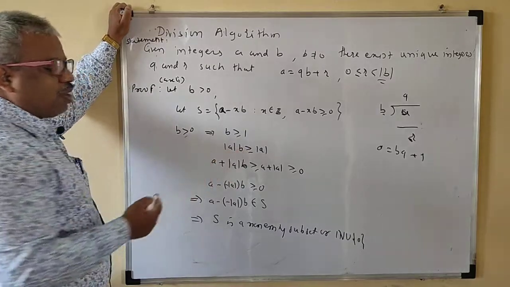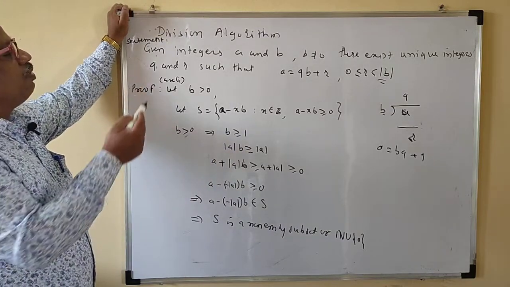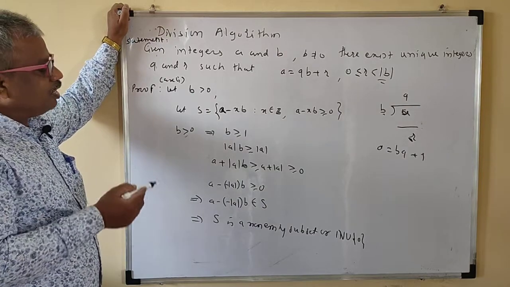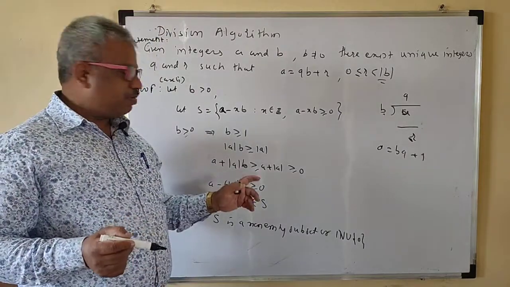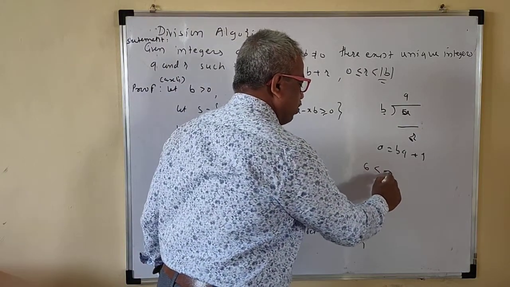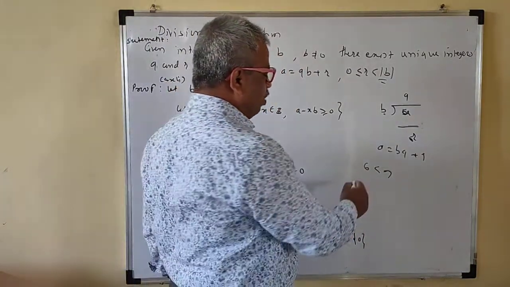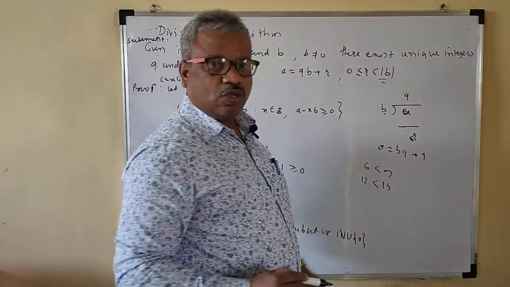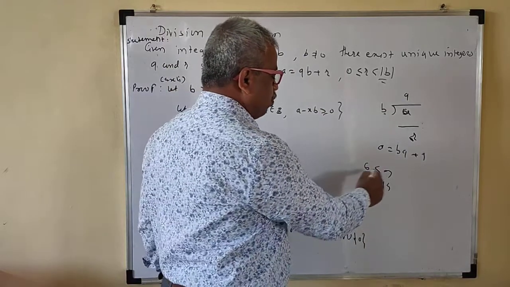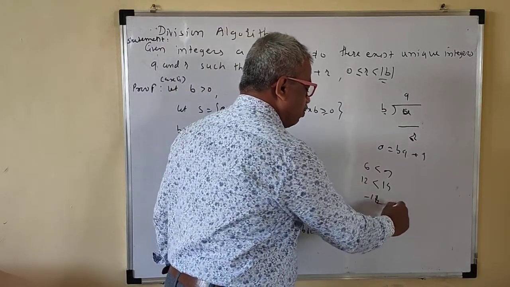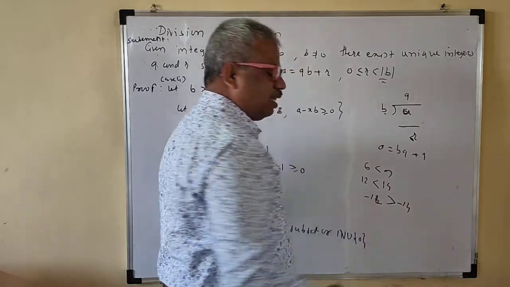So I multiply by mod a, because a is not given to be positive or negative. If you multiply an inequality by a positive number, then the inequality remains as it is. See here, 6 is less than 7, and if you multiply by a positive number, 12 is less than 14. But if you multiply by minus 2, then minus 12 and minus 14, so minus 14 is less.